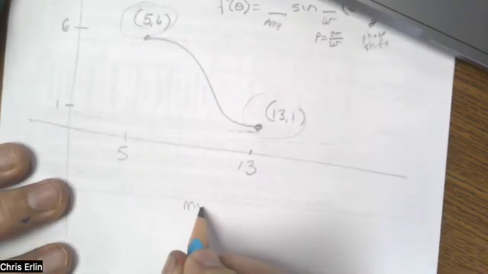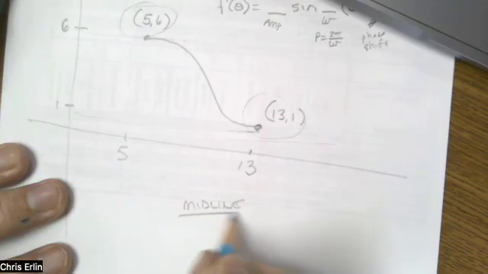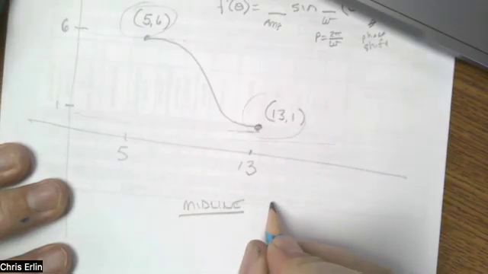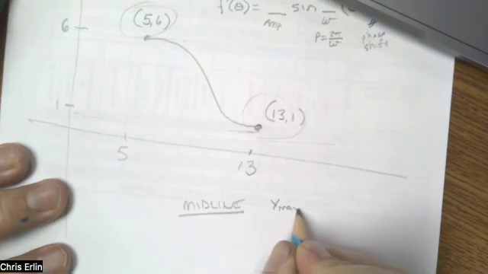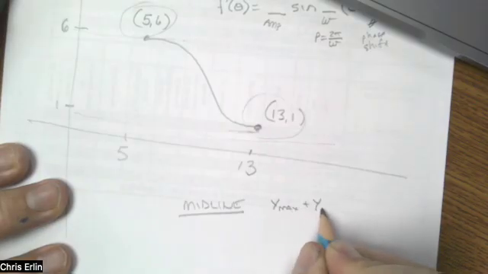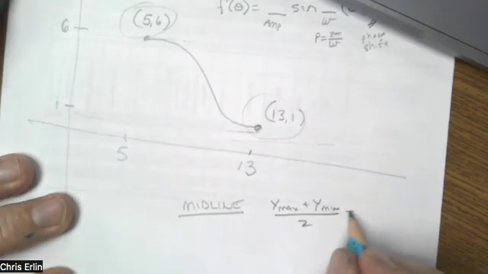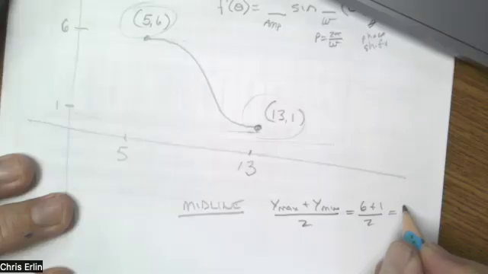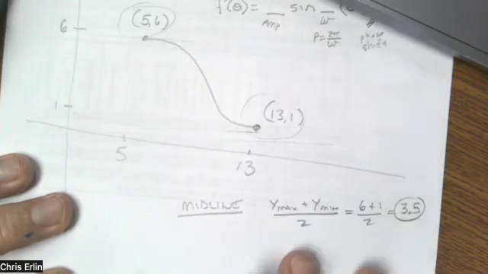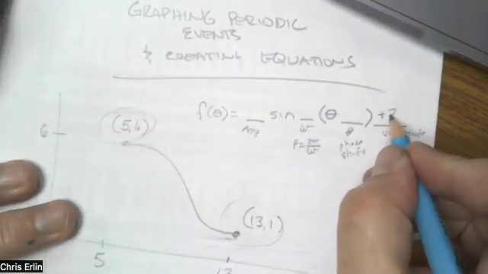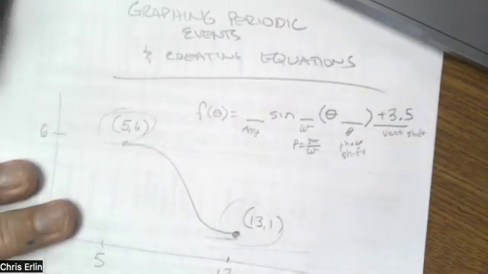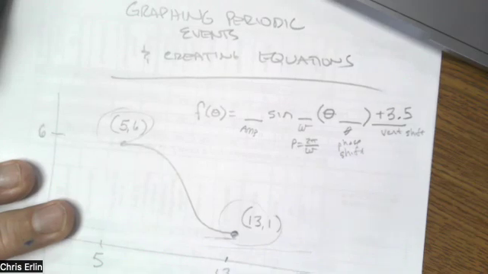So the midline is you take the y value of a max plus the y value of the min and divide by 2. You just take their average. So 6 plus 1 over 2, 7 over 2 is 3.5. So our midline is 3.5. So let's just put a plus 3.5 here. You guys with me so far?